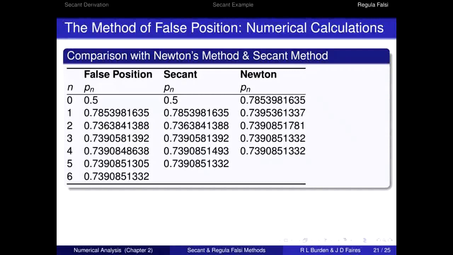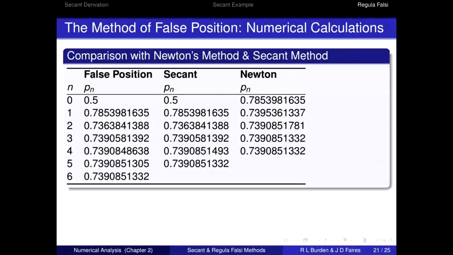With the secant method, the root again starts appearing from the third or fourth iteration. With false position, the root also starts to appear from the third iteration.